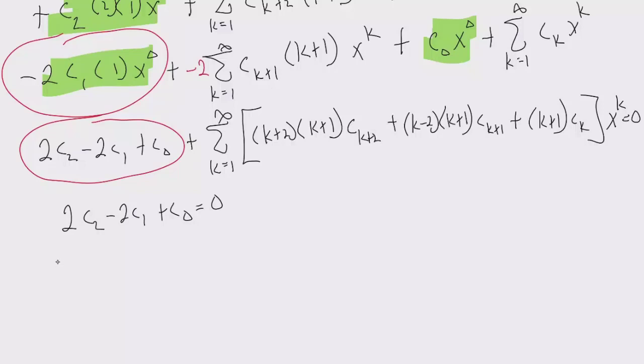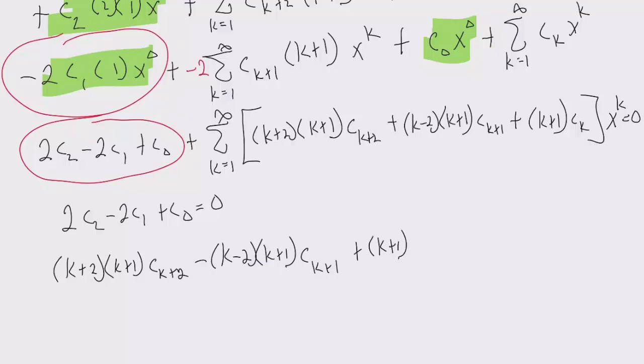So k plus 2 times k plus 1, c to the k plus 2, minus k minus 2, k plus 1, c to the k plus 1, plus k plus 1, c to the k also has to equal 0.